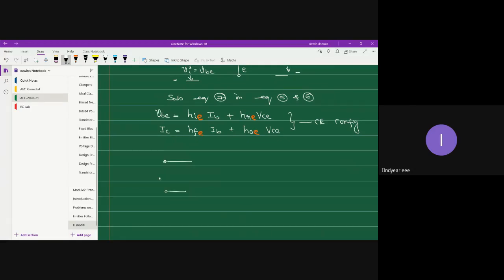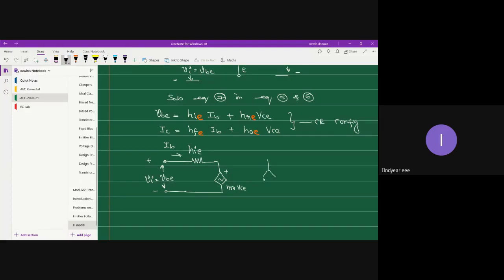In place of VI, you have VB. It's very simple. In place of HI, you now have HIE, and this will be your base current IB. This will be your controlled voltage source, HRE VCE.